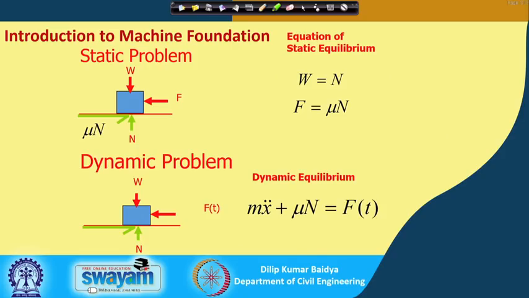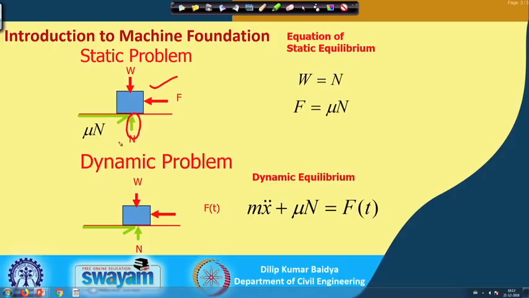I will just show you that with my next slide, the major difference between static and dynamic. You can see here a static case where a block is resting on a floor, and when you try to push this block by applying force, a frictional resistance will develop here, and the normal force will be balanced by the normal reaction.